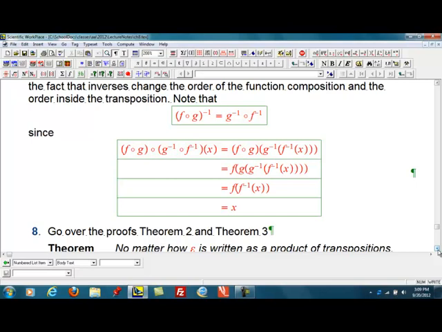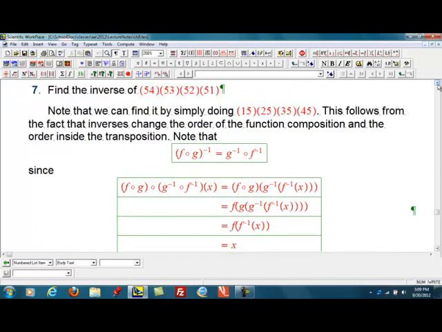So look at up here: (5, 4), (5, 3), (5, 2), (5, 1). You change the order, take the very last one right at first, then each of them so forth. And then inside, I switch the order of each one.